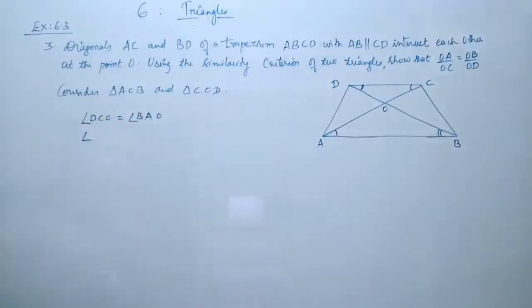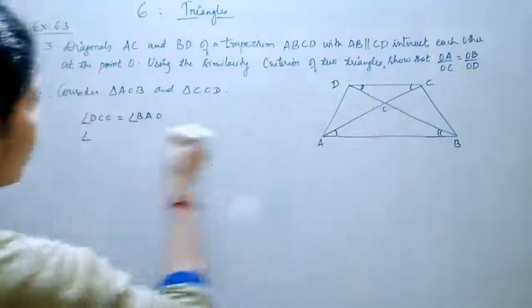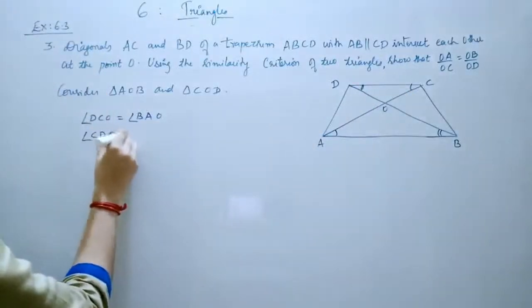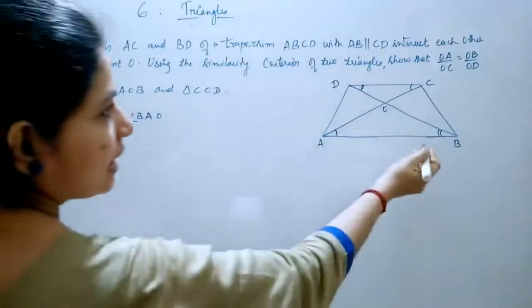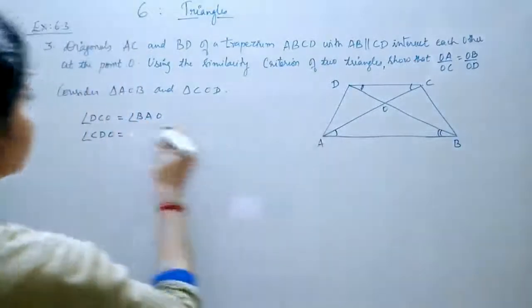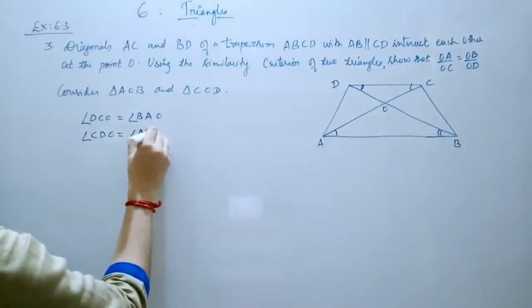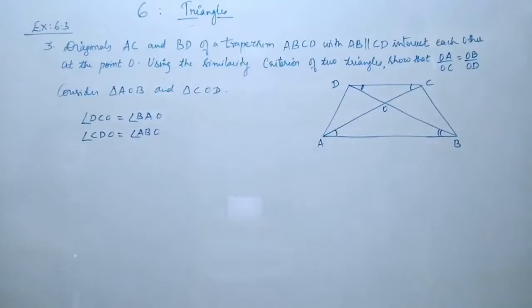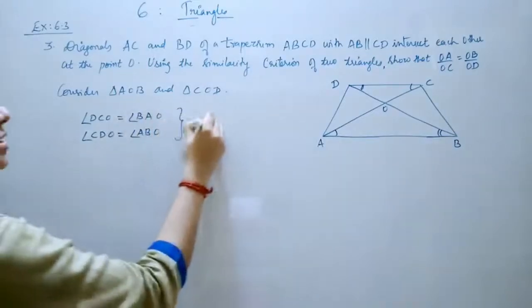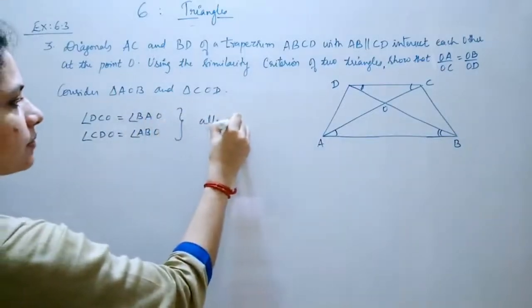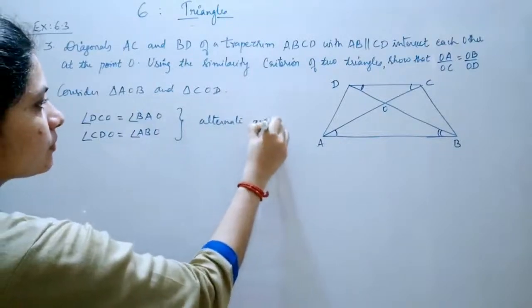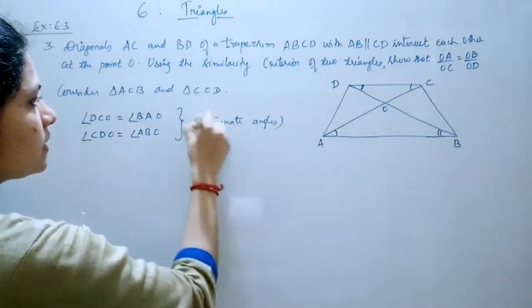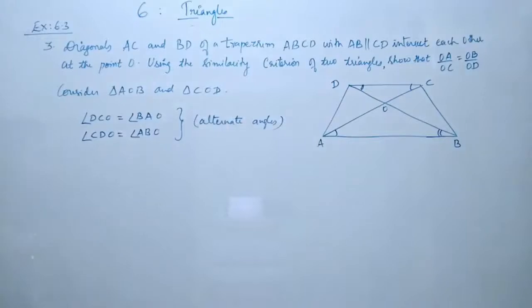And one more which you can get is angle CDO, which is equal to angle ABO. The reason for these two is alternate angles, since the two lines are parallel.